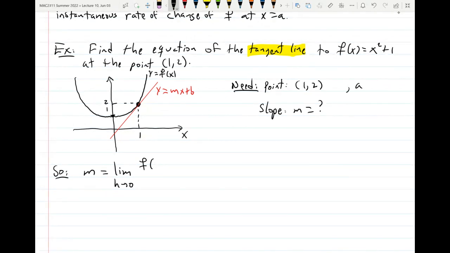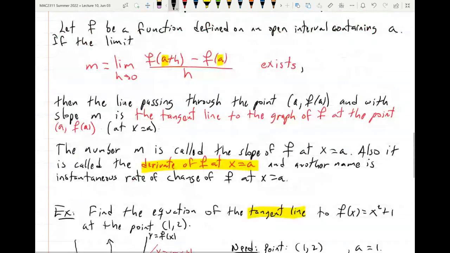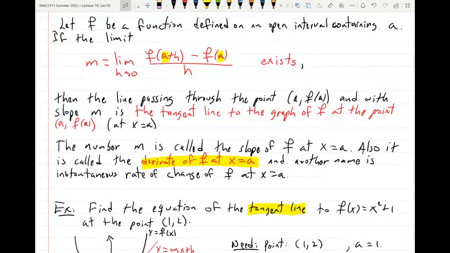In our case, a equals 1, so this is our a right here. It will be f of 1 plus h minus f of 1 over h.